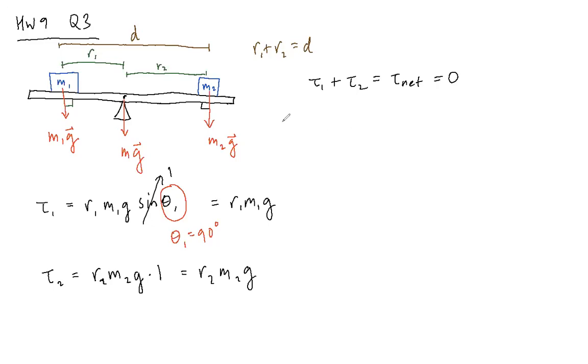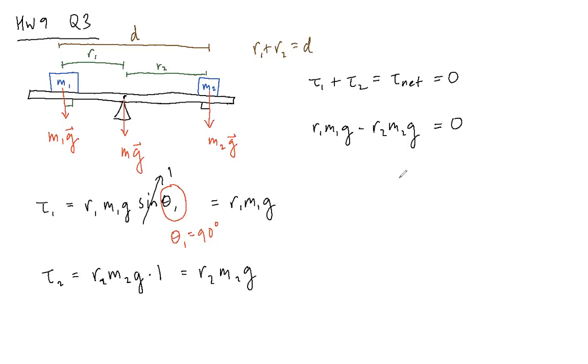This one is making the seesaw twist counterclockwise, so this torque is going to be positive: R1 m1g. And this one's going to be negative because it's twisting clockwise, so minus R2 m2g. And that has to add up to 0.